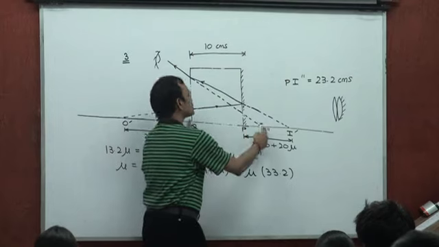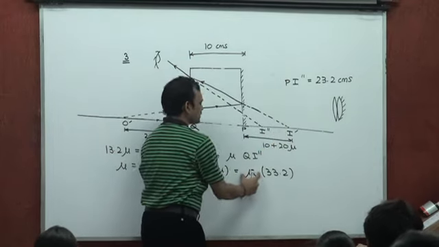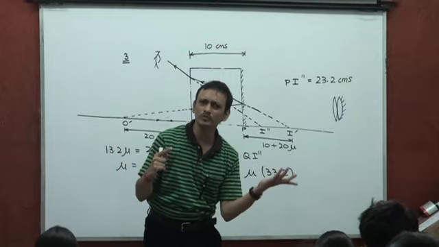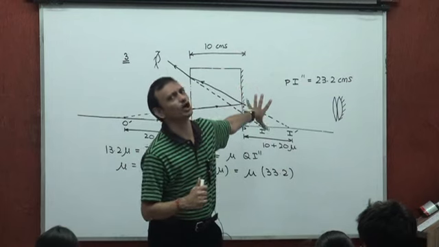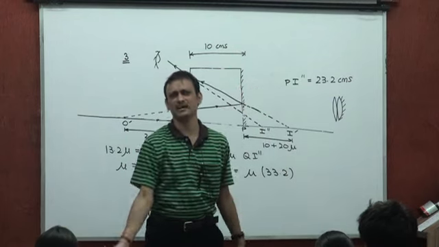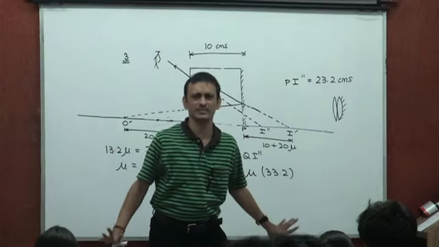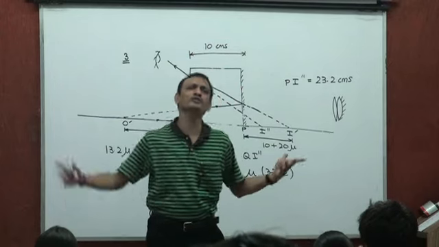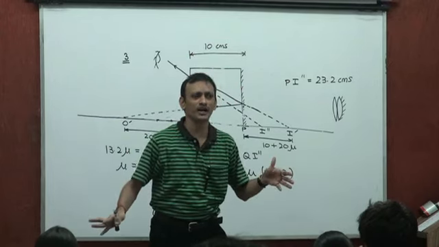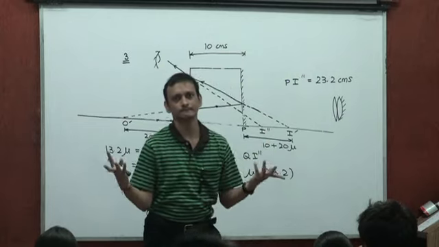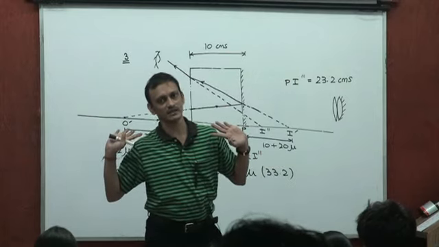Suppose this was larger than this, then this number would have been less than 1. When you solve for mu, only the ray diagram will not be relevant, but the equations will still be relevant. And when mu turns out to be less than 1, that's when you realize and readjust: okay, the ray diagram should then look like this. But the calculations will still be the same.